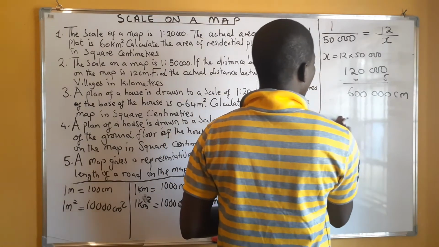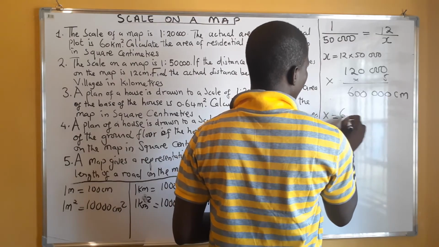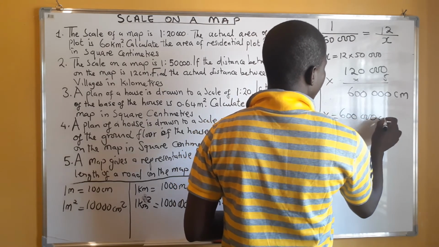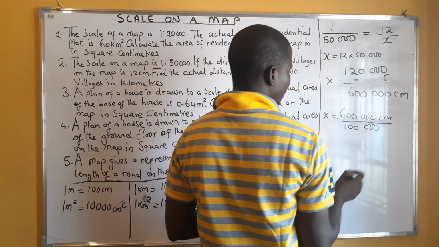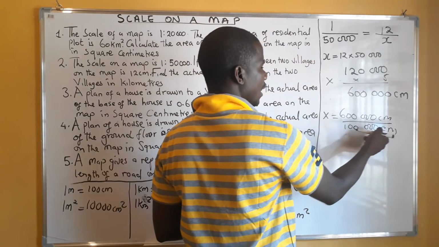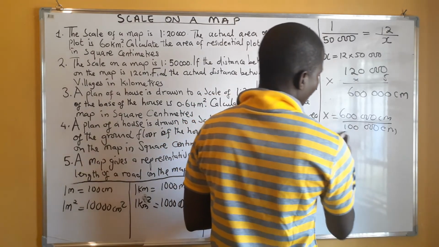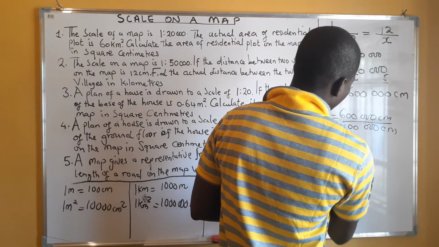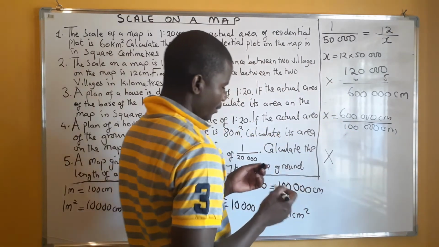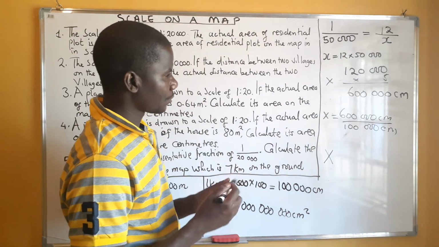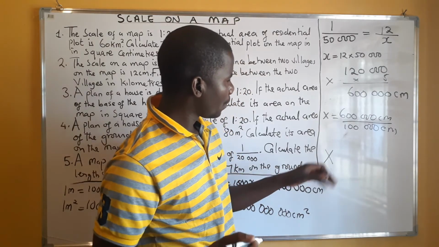So our final answer, x, will be this centimeter value divided by 100,000 centimeters.